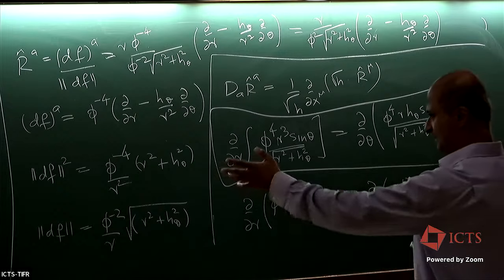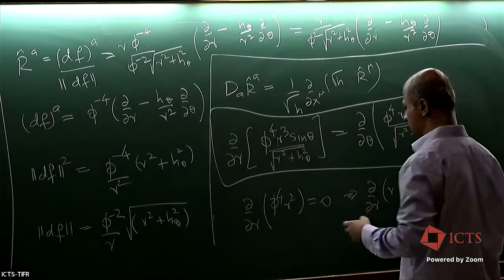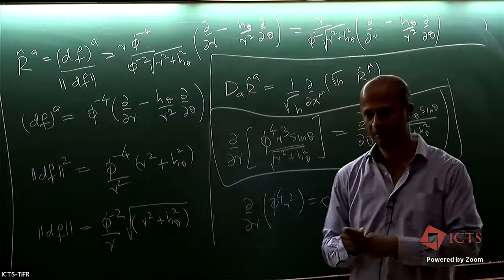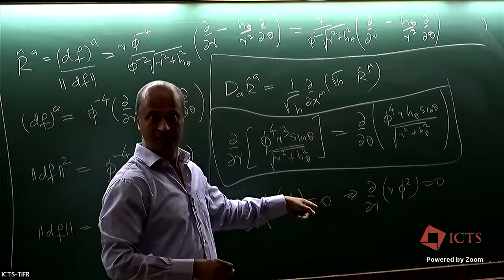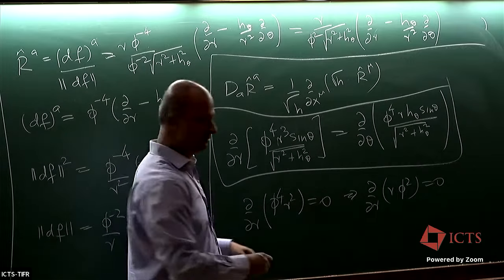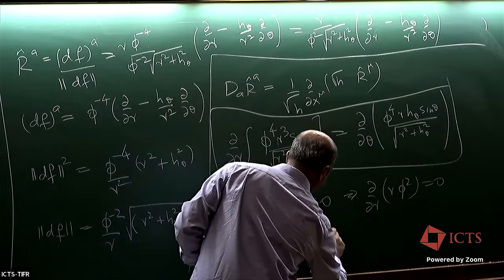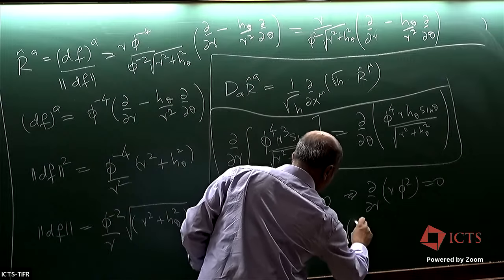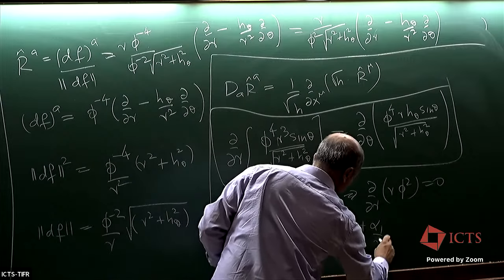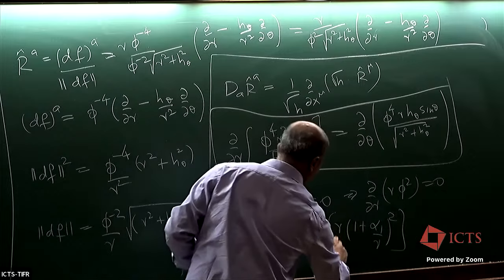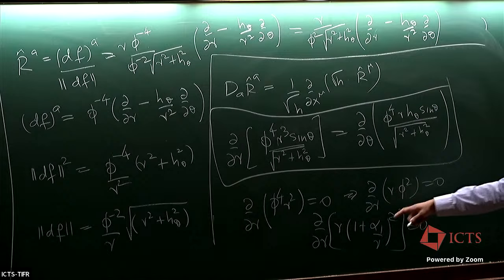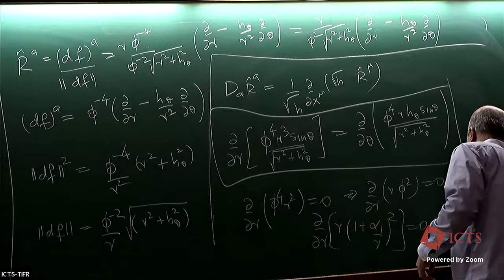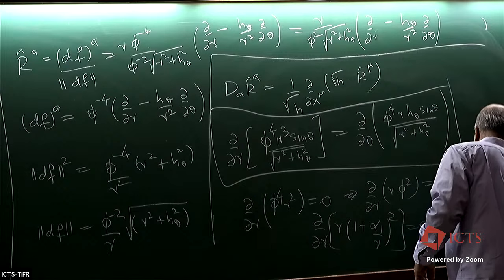Now phi for the spherically symmetric case is just 1 plus alpha 1 upon r. So this is then simply, can you still see here? Well, it's del by del r of r times 1 plus alpha 1 upon r whole square is 0. Just expand the square, multiply by r, take the derivative, then you will find that r in fact is alpha 1.